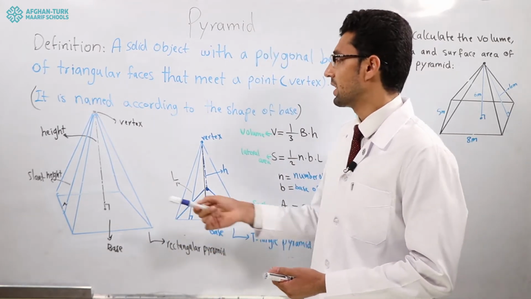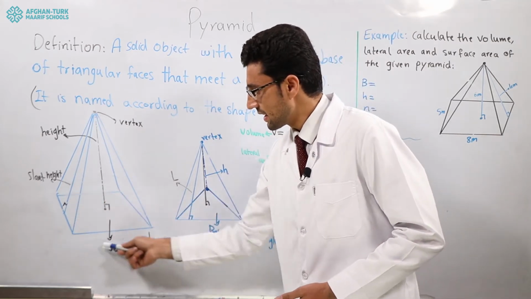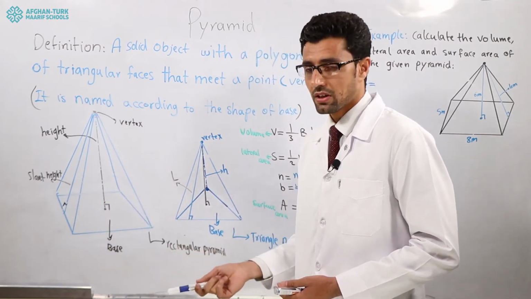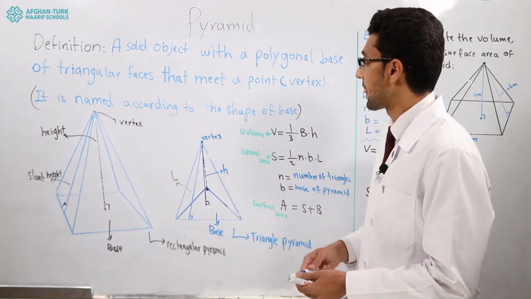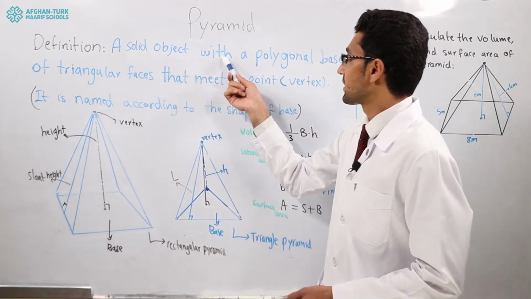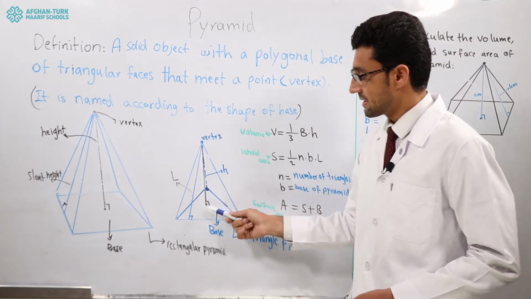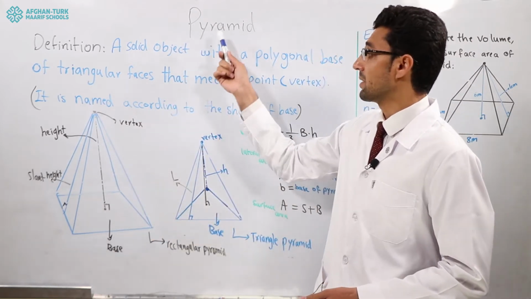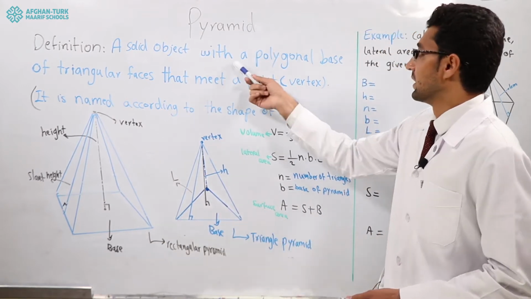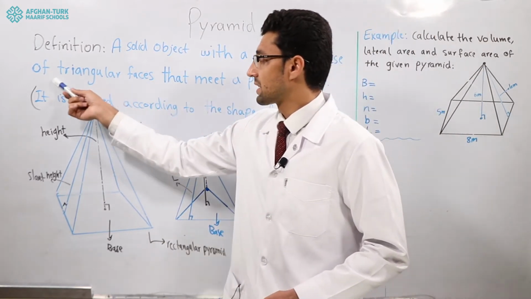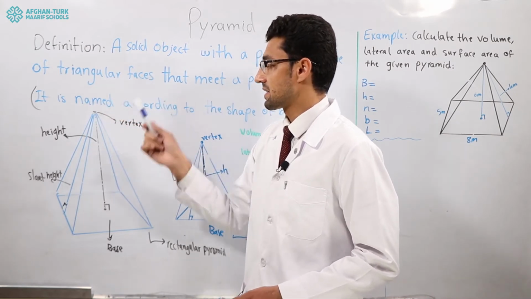A solid object with a polygonal base, it means the base of this pyramid is what? Polygonal.